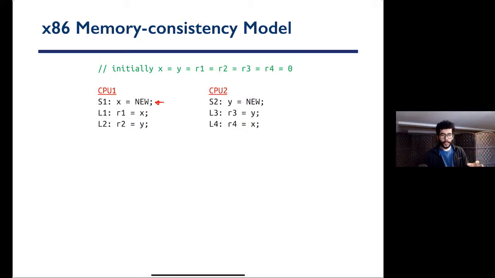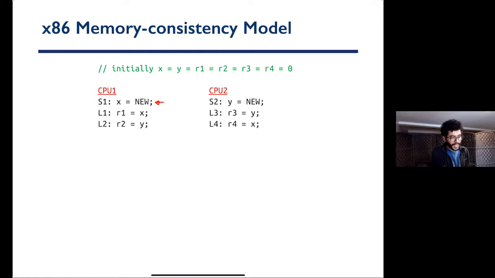It will go to a buffer on CPU1, and it stays there. At some point, when the buffer gets full, the content of this buffer will be written in memory. The reason we are putting this buffer is performance, because we know that going to memory is expensive.